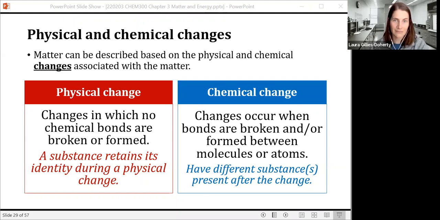Versus in a chemical change, these are changes that occur when chemical bonds are broken or formed between molecules and atoms. So when a chemical change happens, you're going to have different substances present after the change. The original substance is going to undergo some chemical reaction, bonds are going to be broken or made, and then you end up with something new at the end.